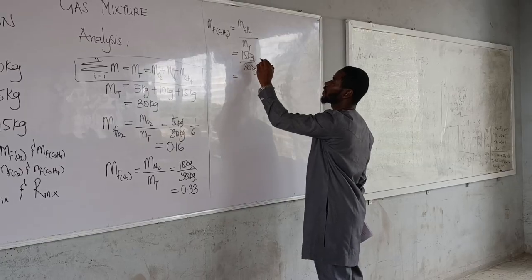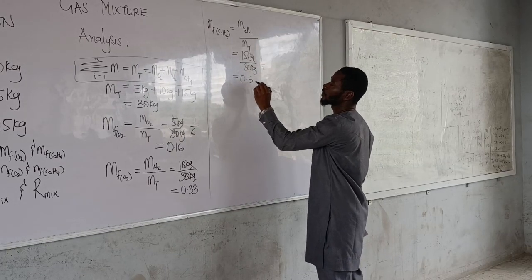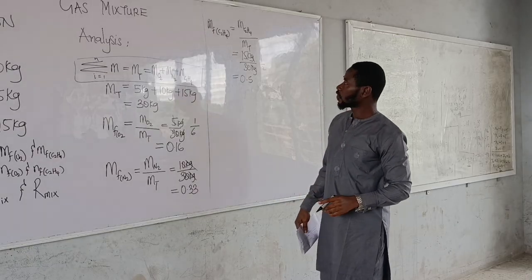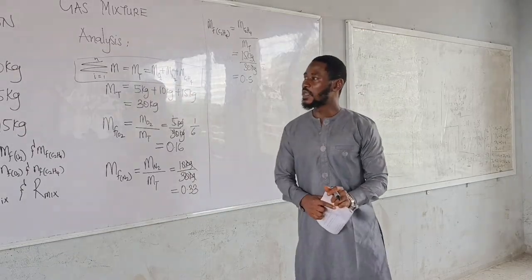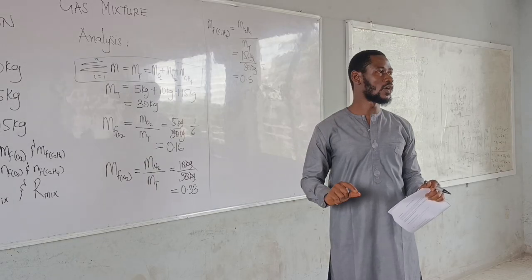So we have this here 1, this here 2, 0.5. So we have determined the mass fractions of the constituent gases in the mixture.